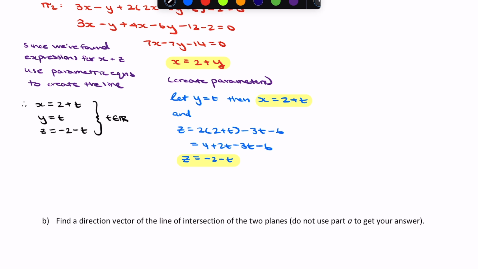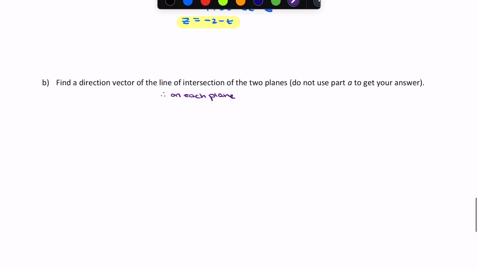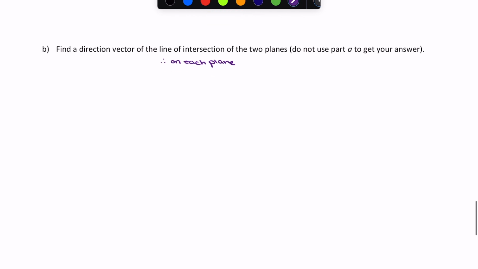Okay, so that means on each of the two planes, what we see is the normal to plane one is orthogonal to the line of intersection.